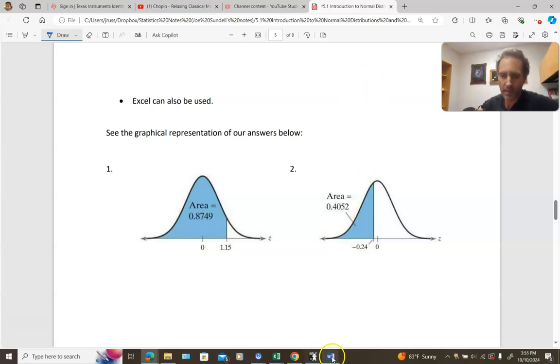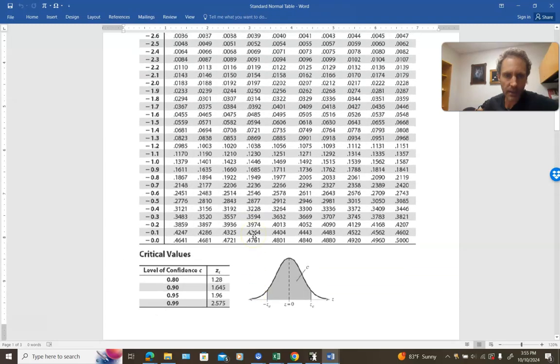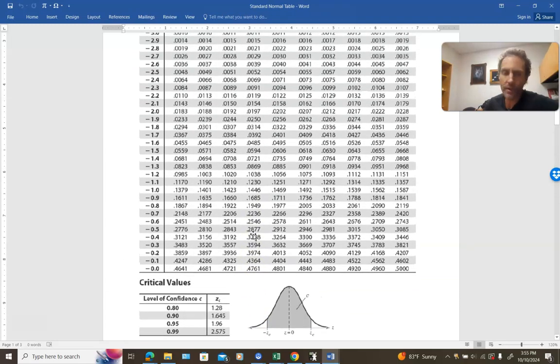Well, using my table, my negatives are down here. It was negative 0.24. So here's negative 0.2, and then it would be negative 0.20, 0.21, 0.22, 0.23, 0.24.